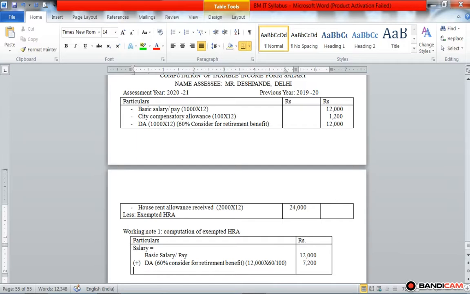Then we add percentage of commission on sales or turnover. The percentage of commission on sales is not given, so here in the amount column it is nil.